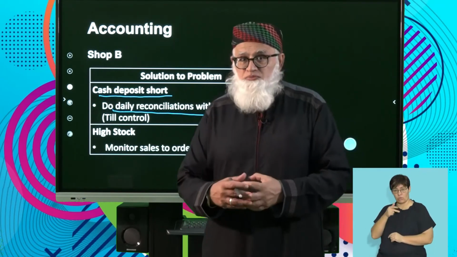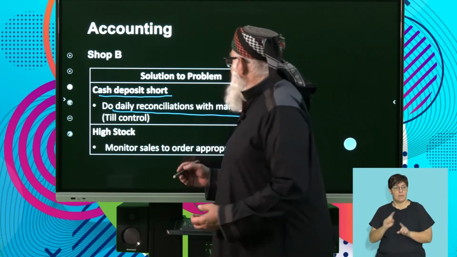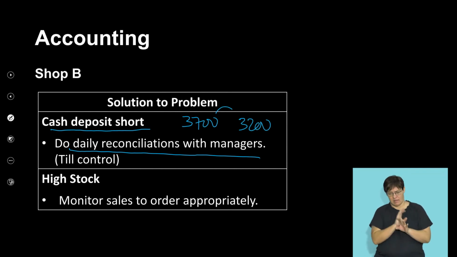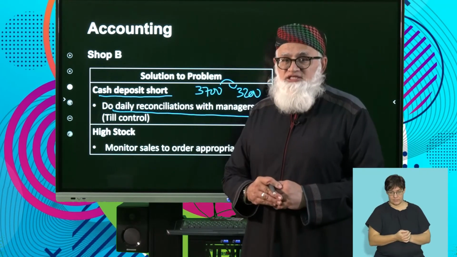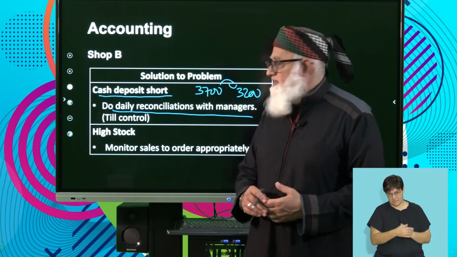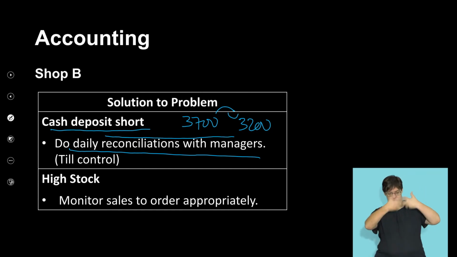The cash that you're supposed to have for the juices should amount to 3,700. But you know that there was only 3,200 for the juices. Clearly you can see the cash that was short. So do this on a daily basis so you can identify any cash that is not being deposited, most probably stolen. Okay? Therefore, this daily reconciliation is very important.